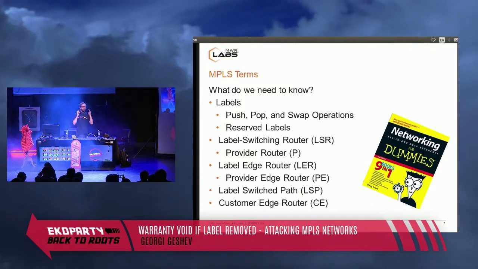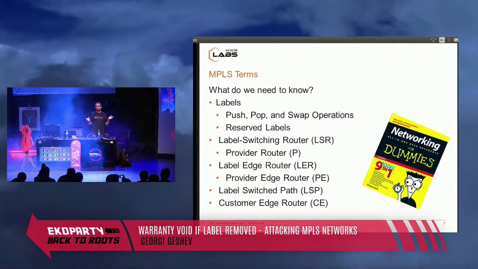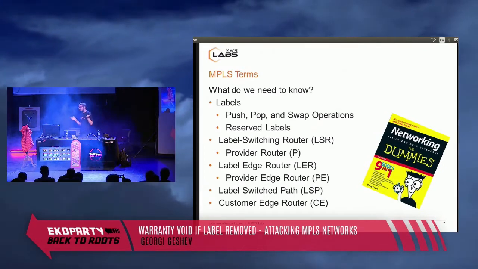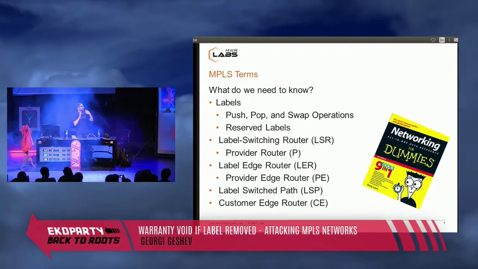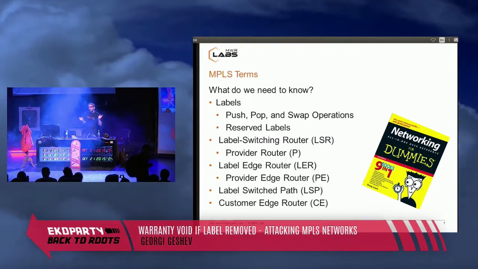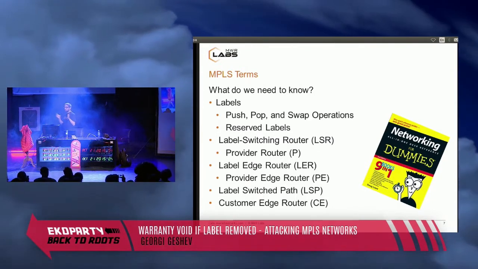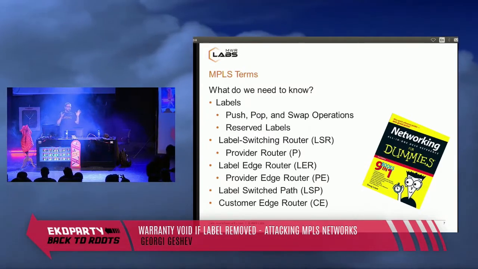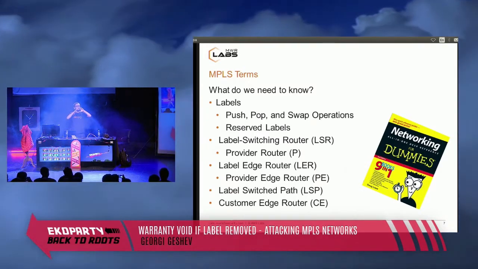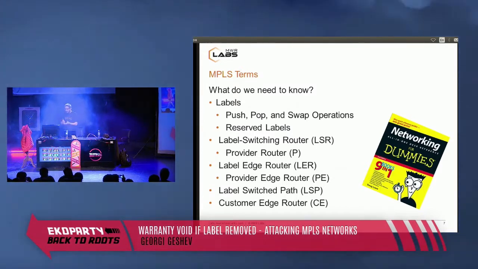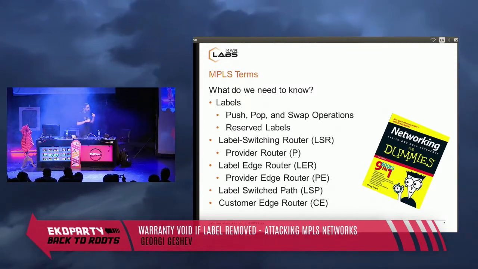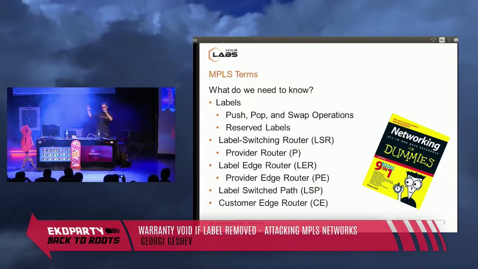So a router that actually performs label switching is called a label switching router, or just LSR. Strictly speaking, an LSR is what is called a provider router, or a router that sits somewhere in the core of the MPLS backbone. A label edge router is a router facing a customer device.